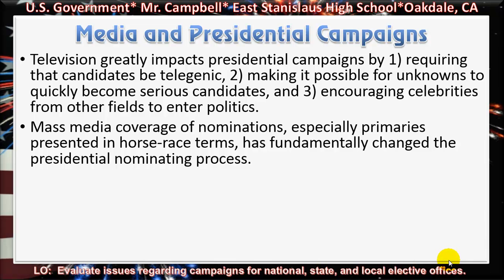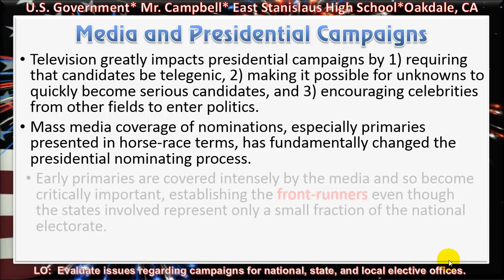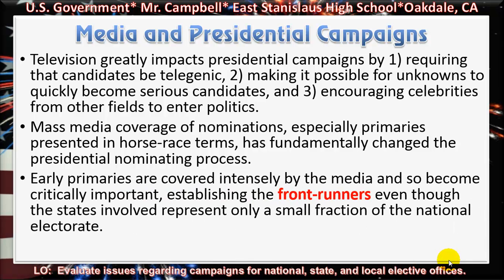The mass media coverage of nominations, especially primaries presented in horse race terms, has fundamentally changed the presidential nominating process. Early primaries are covered intensely by the media and so become critically important, establishing the frontrunners, even though the states involved represent only a small fraction of the national electorate.